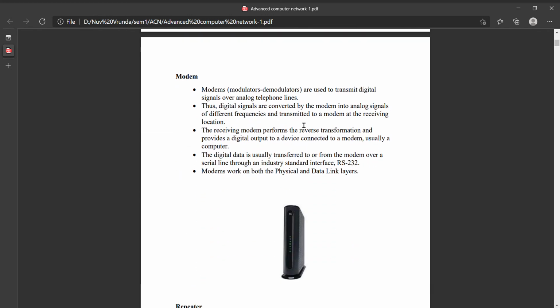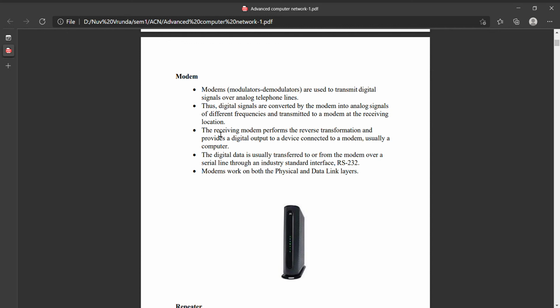Now, what is a modem? Modems are used to transmit a digital signal over an analog or telephone line. Thus, digital signals are converted by a modem into analog signals of a different frequency and transmitted to a modem at a receiving location. This is a very important work of a modem.